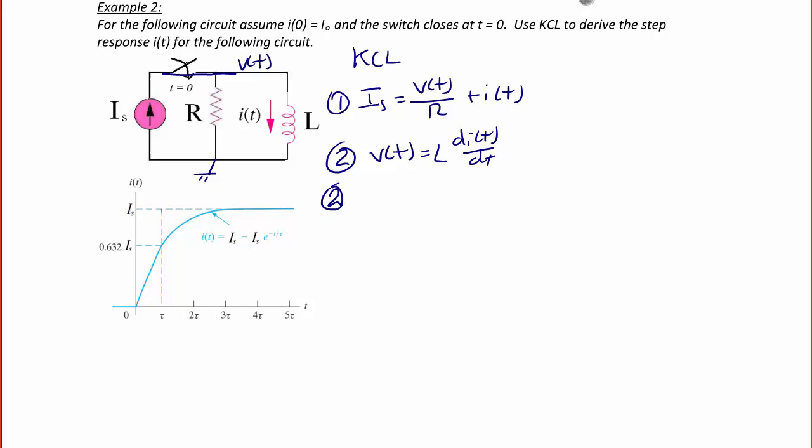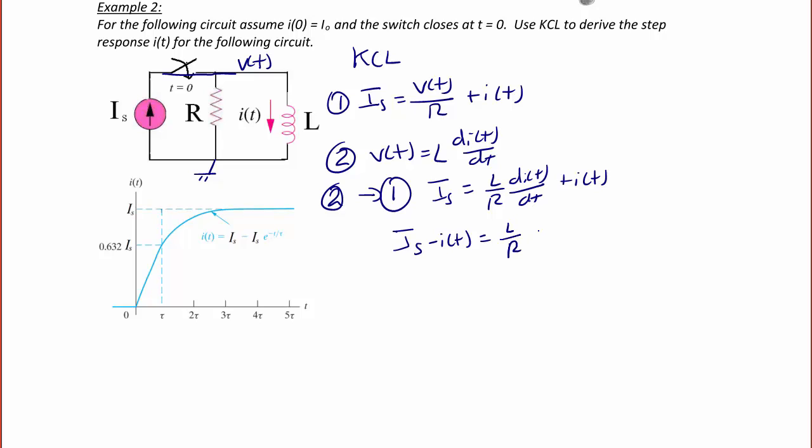So we're going to substitute equation 2 into equation 1, and we get IS equals L over R di of t dt plus I of t. So IS minus I of t is equal to L over R di of t dt.